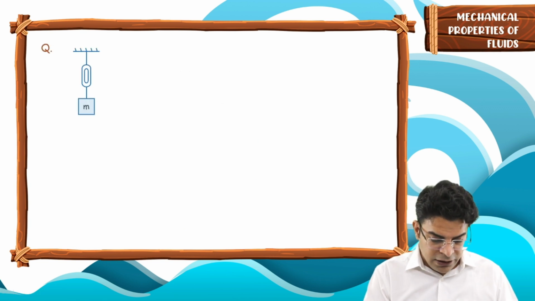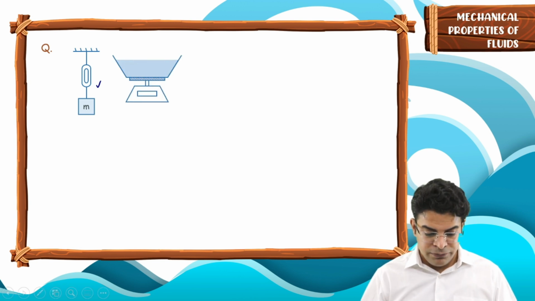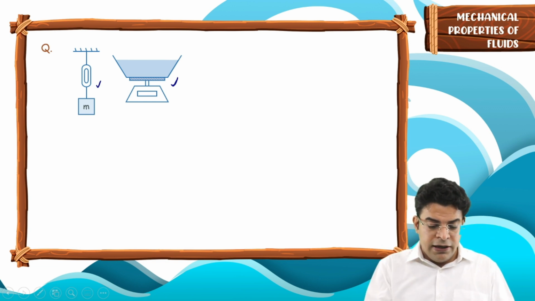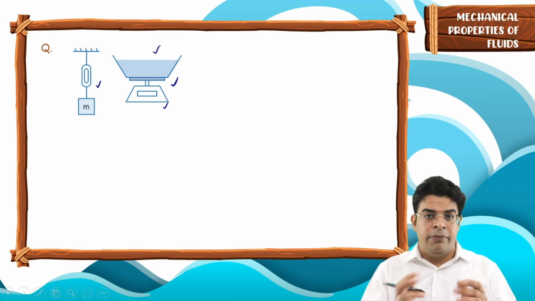So a question here: there is a mass connected with a spring balance, and there is a container containing water placed on a weighing balance.